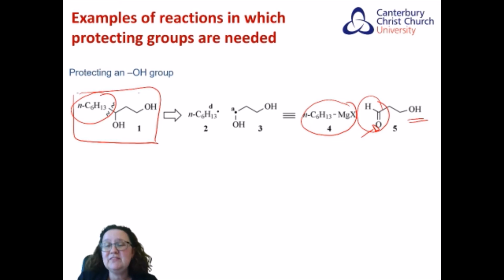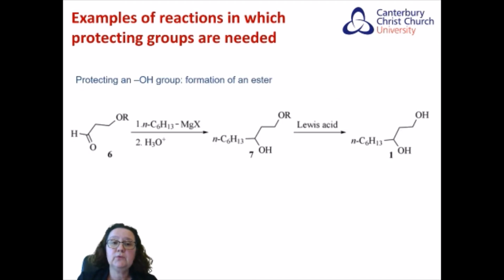And a way to avoid the Grignard reagent forming an alkoxide with this hydroxyl group would be to protect that hydroxyl group. So the Grignard reagent has only one place in the molecule it can react. That's the aldehyde, the carbonyl group.